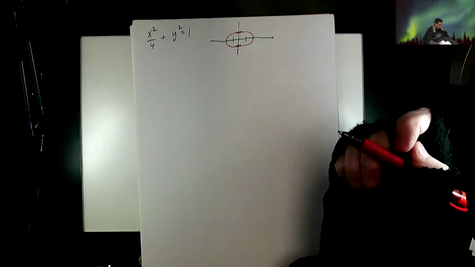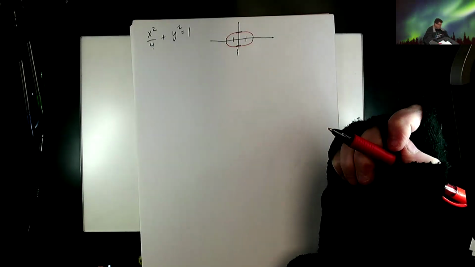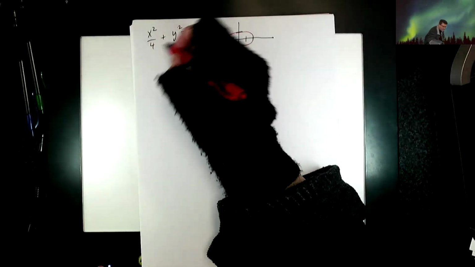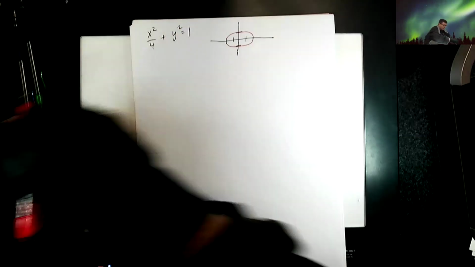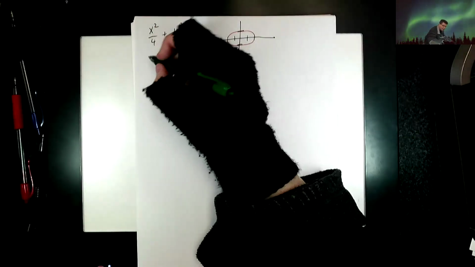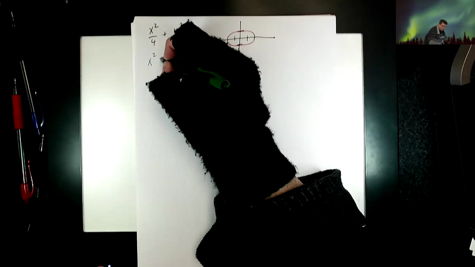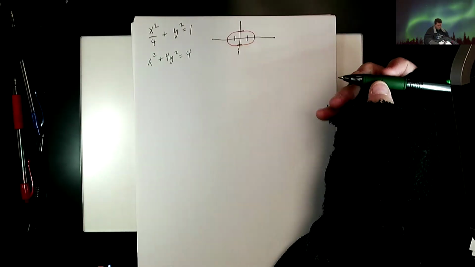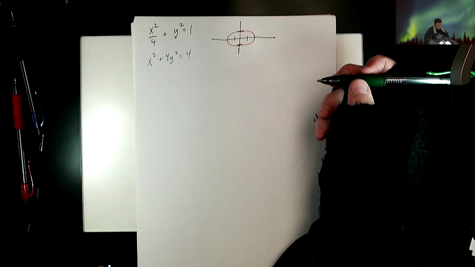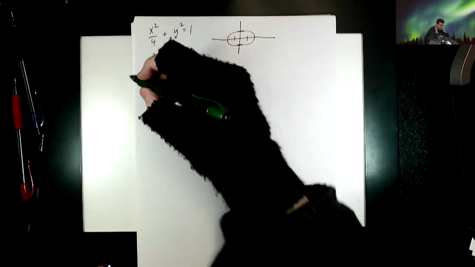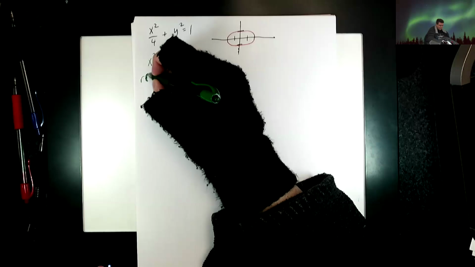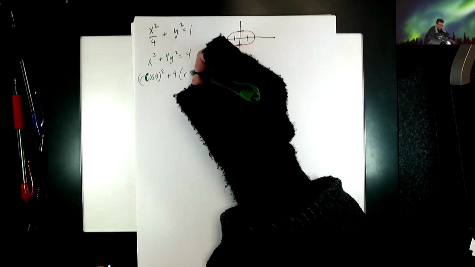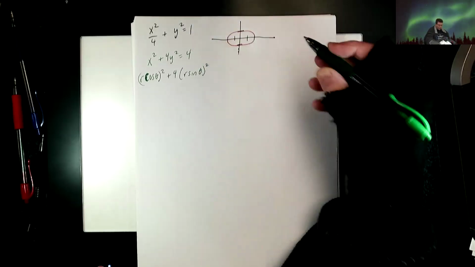If we switch to polar though, I'm going to clear fractions here by multiplying by 4. And I'll get x squared plus 4y squared equals 4. And we'll substitute in what we have for x, (r cosine theta) squared plus 4 times (r sine theta) squared for y equals 4.